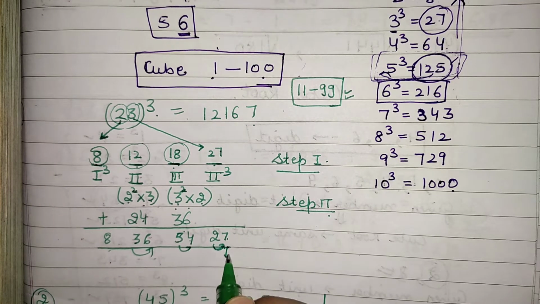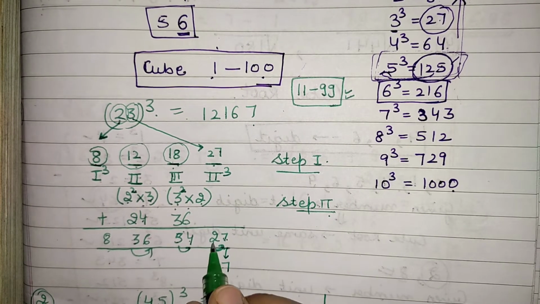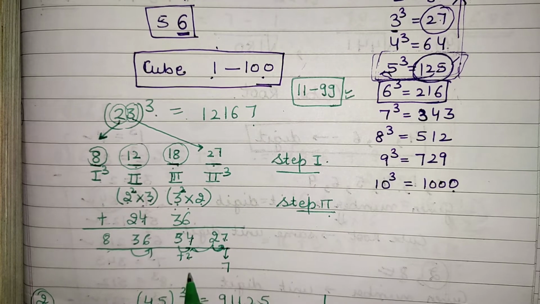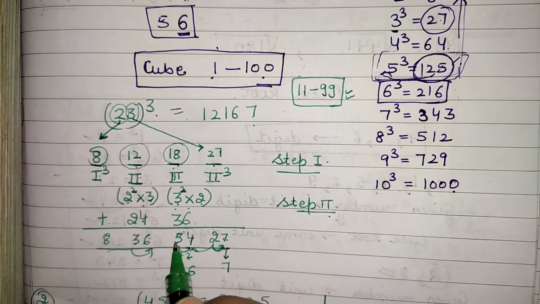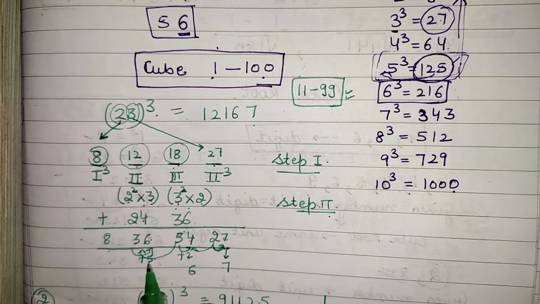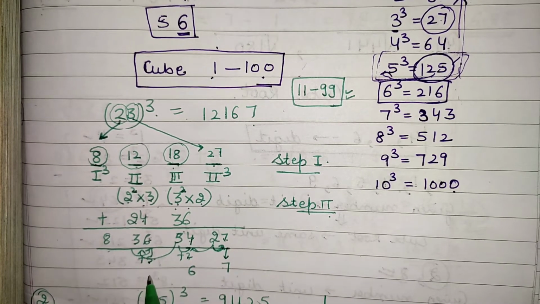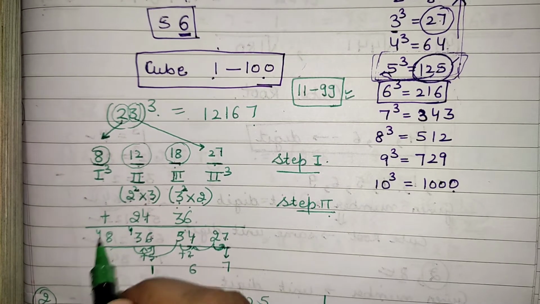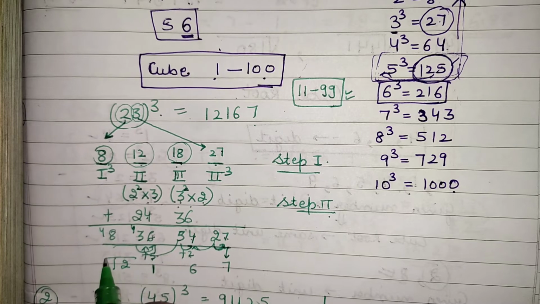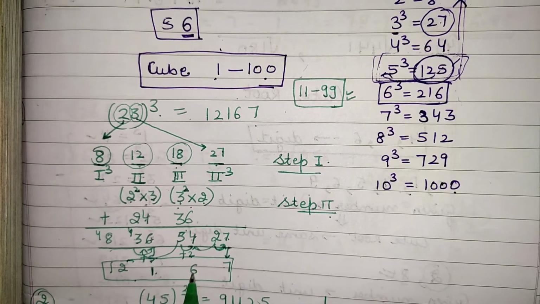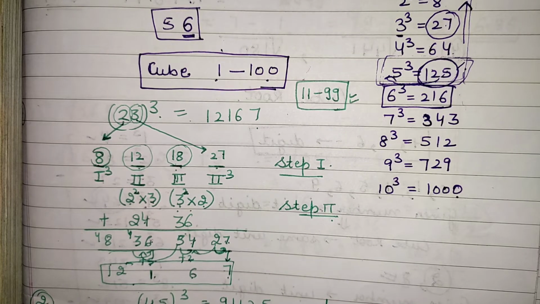So we will take out only the unit digit, and this 2 will go there and be added. So 4 plus 2 will become 6. Now this 5 will be my carry, so 36 plus 5 will become 41. So 4 will be my carry here, and 8 plus 4 will be 12. So this is going to be 1 2 1 6 and 7.